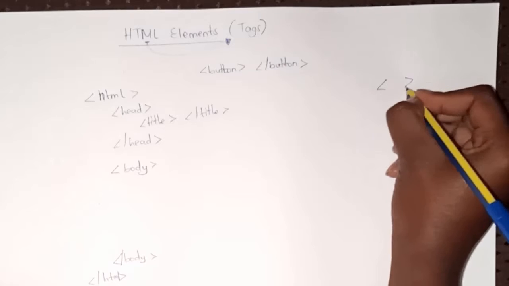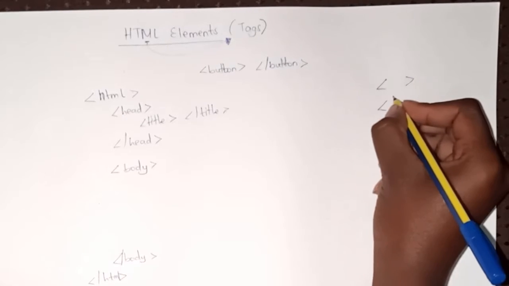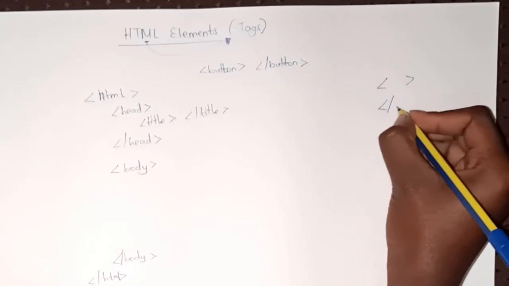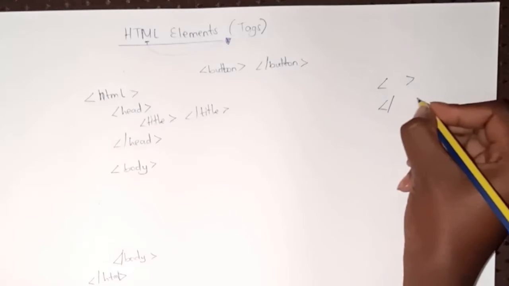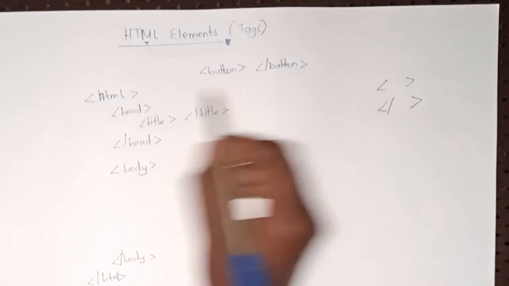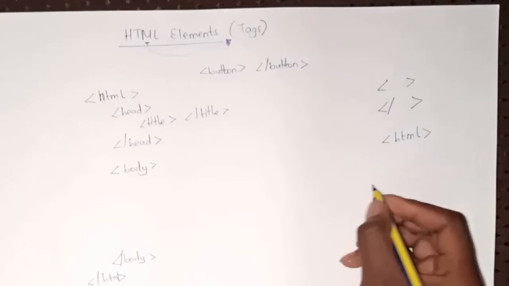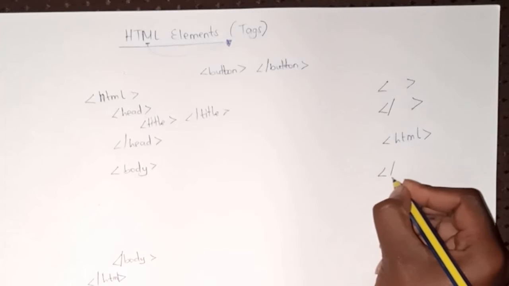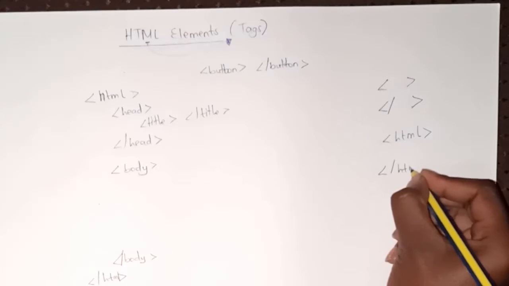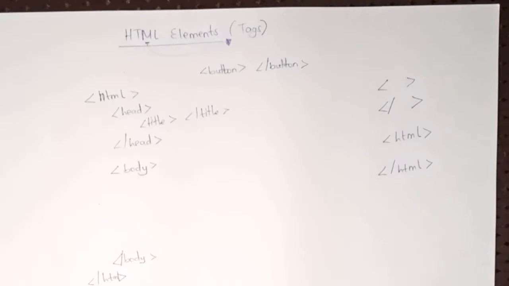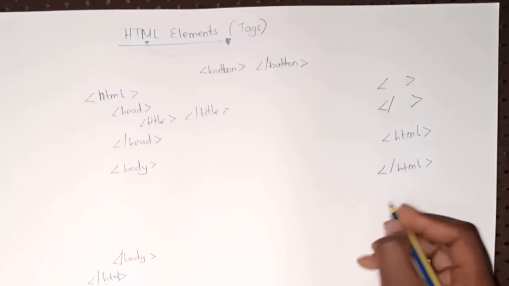Now opening tags are always written this way, and closing tags have a backslash and then the tag name. For example, this is an opening tag because it's html, and this, because it has the backslash, is the closing tag of html. Now there are elements that do not have opening or closing tags, they're just one.